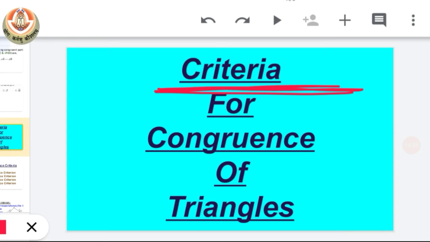We have certain criteria, and only on the basis of those criteria can we say two triangles are congruent to each other. So we have to learn about those criteria first, then we will go to our next exercise. In today's class we will learn about these criteria, and then we will discuss the questions based on them in our next video.